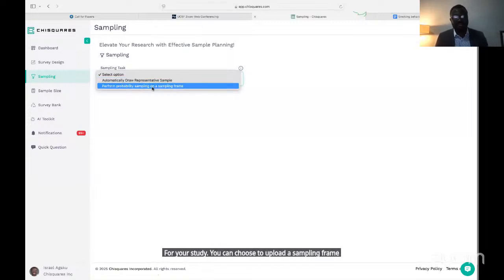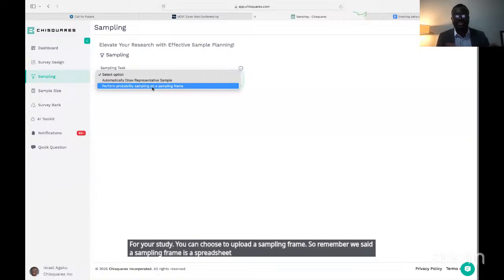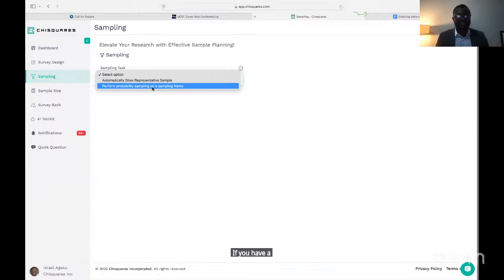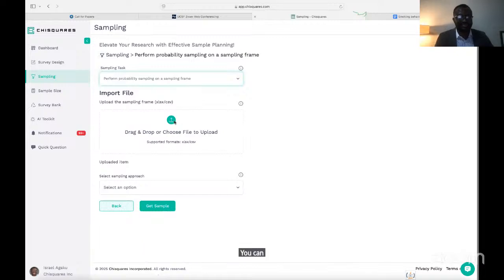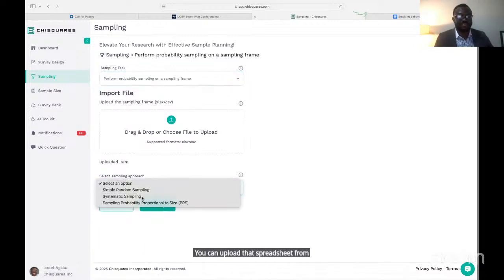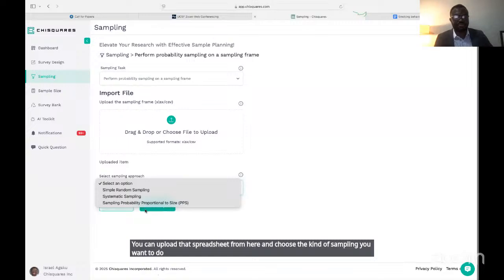Remember we said the sampling frame is a spreadsheet that contains the elements you want to sample. If you have a list of, let's say, schools or a list of individuals or whatever it is that you want to sample from, you can upload that spreadsheet from here and choose the kind of sampling you want to do, whether it's simple random, systematic, or PPS sampling.